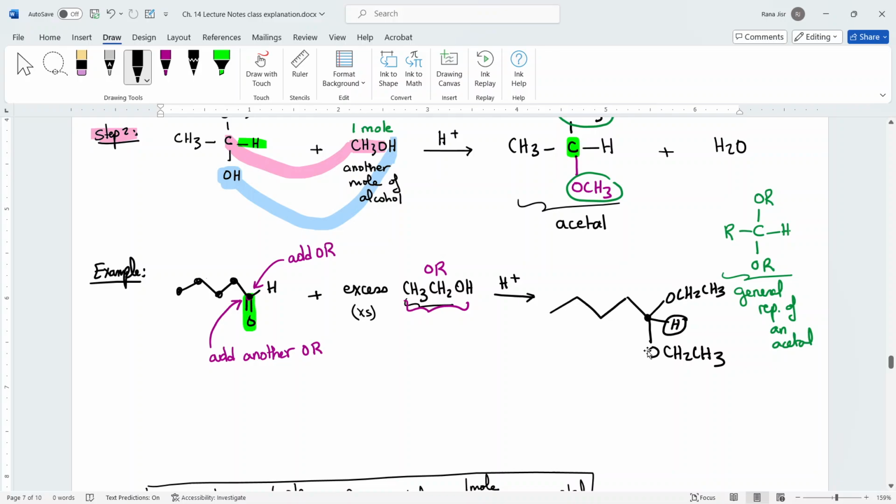If I ask you, okay, you made your acetal here, so this one is called an acetal. Okay, go ahead and show me the intermediate, which is the hemiacetal. That's easy, because with the intermediate, I know that I am adding just 1 mole of this. And the double bond O will turn into an OH.